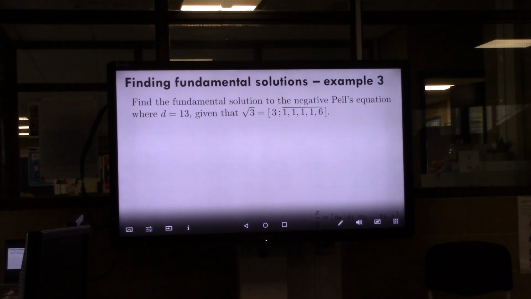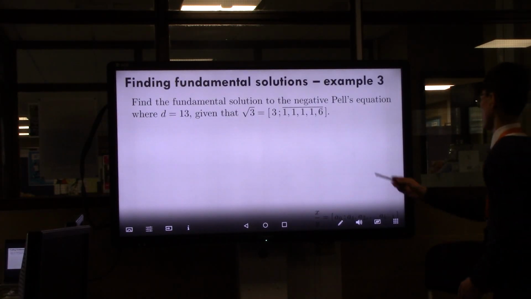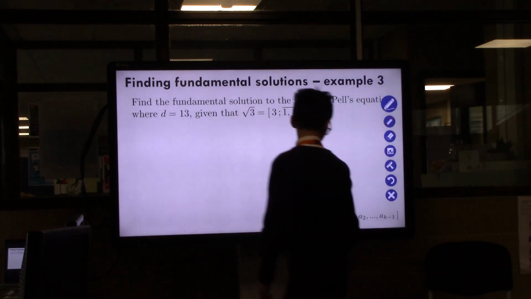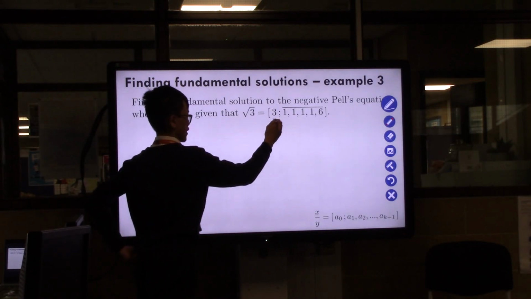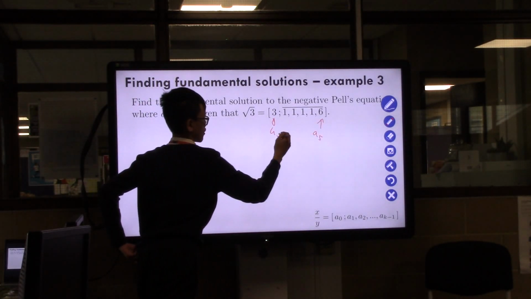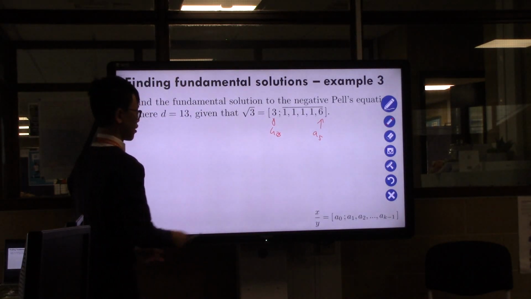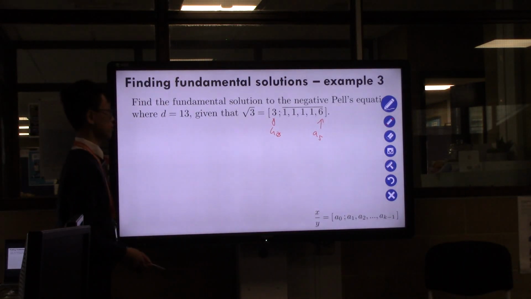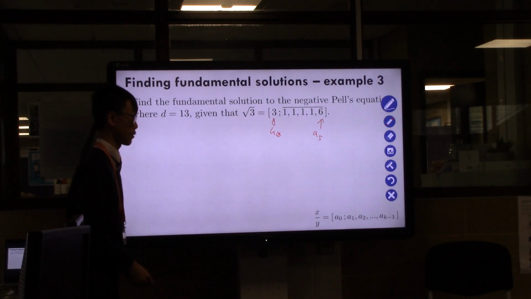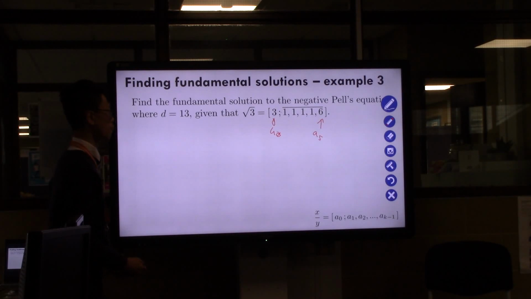So one last example with d equals 13, the negative Pell's equation. Here we have a0, and we go up 1, 2, 3, 4, a5. So our k is equal to 5, which is odd, so that fits our criteria. And a to the k minus 1 is a4.